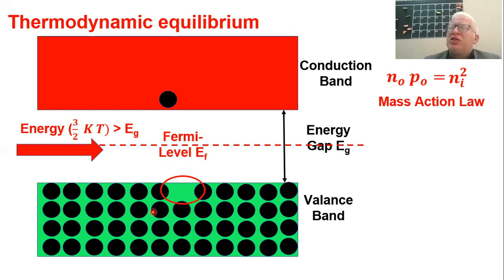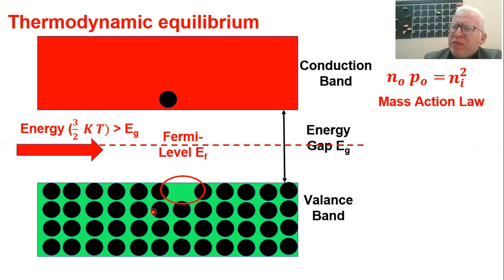As far as there is no voltage applied to the device, that means that you are under thermodynamic equilibrium and you can freely use the mass action law, which is n times p equals ni squared. This is very important, my dear students. When there is external applied voltage on the device, no thermodynamic equilibrium exists.